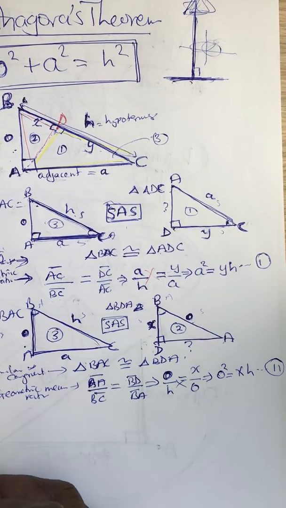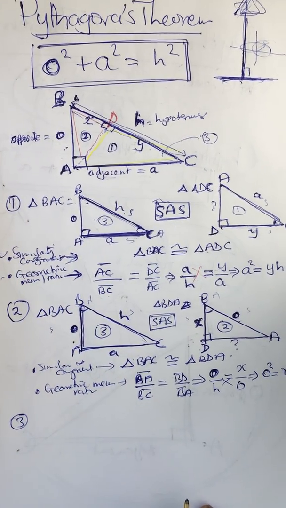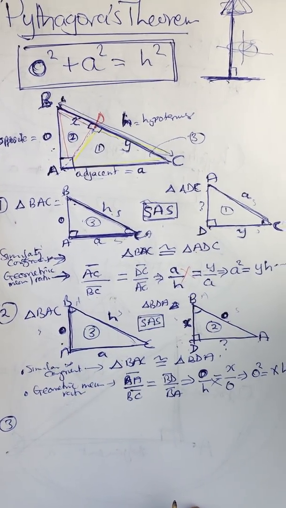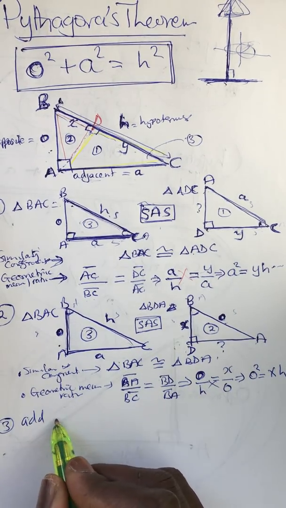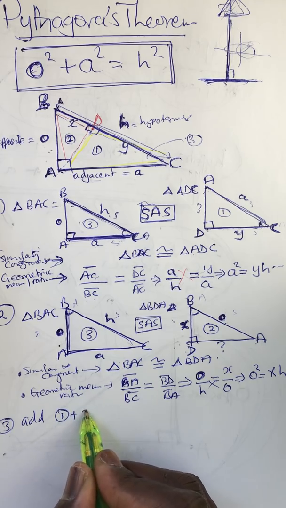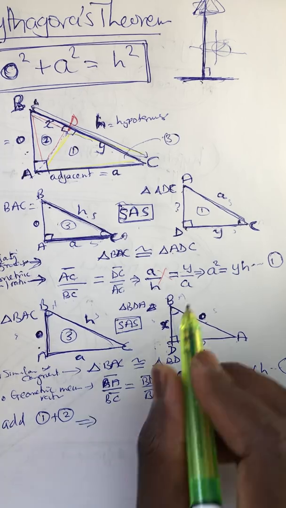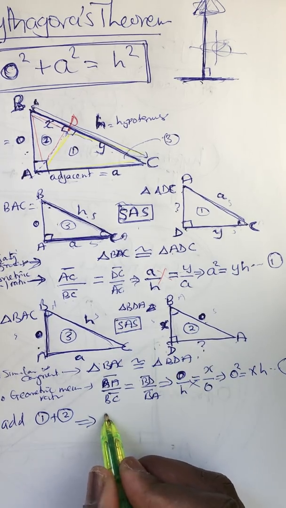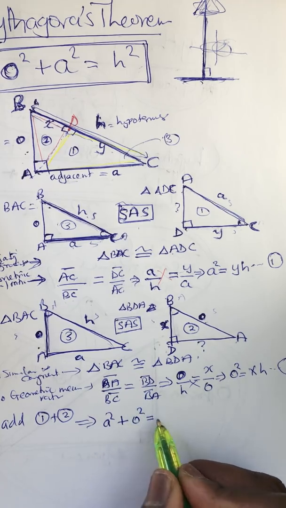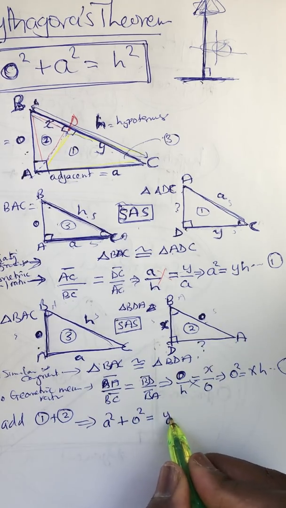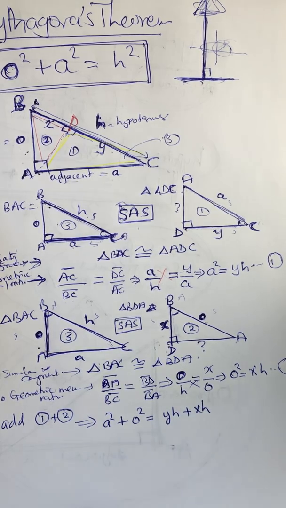Now, the third thing we are going to do here is to add these two equations. So add 1 plus 2. Adding the two equations gives us A squared plus O squared equals YH plus XH.